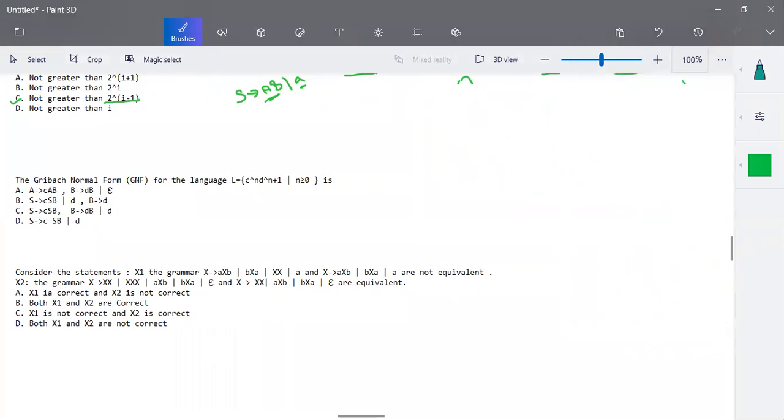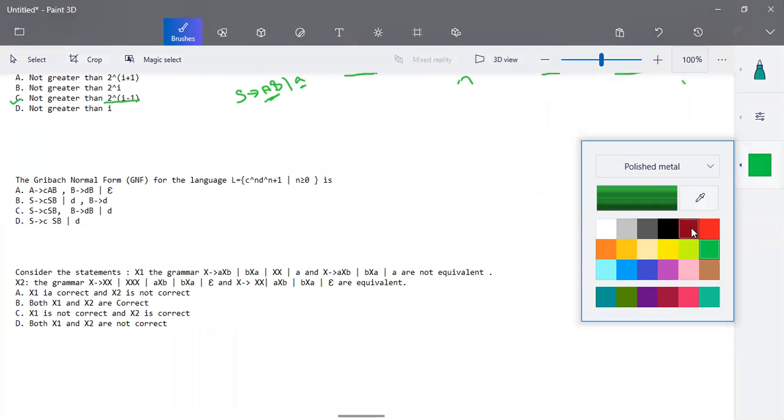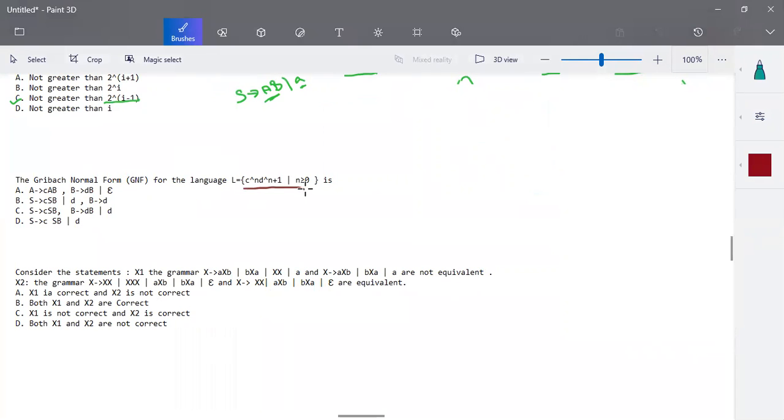Chomsky normal form for the language. A language is given and you are going to write a Chomsky normal form for that. It is really hard to find which is suitable, so we can neglect all the unwanted options. The constraint given is c power n d power n plus 1, where n is greater than or equal to 0.